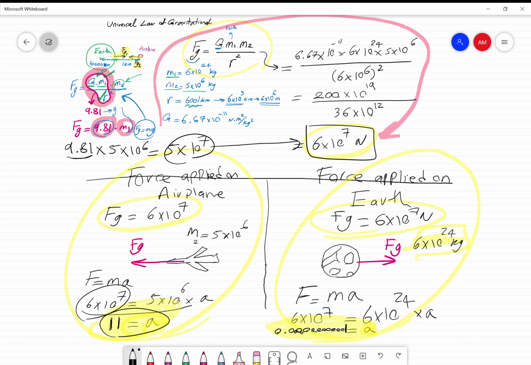Okay. So the gravitational force between two objects, if one of the objects is Earth, only and only if one of the objects in our situation is Earth, then the value of G and the value of M1 and the value of R squared in most cases becomes exactly the same number, which we calculated as 9.81.